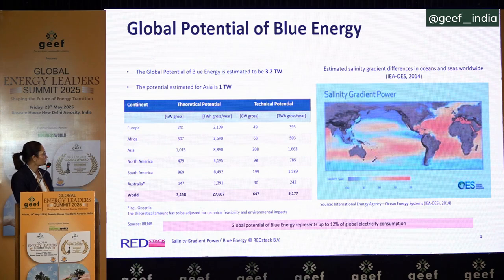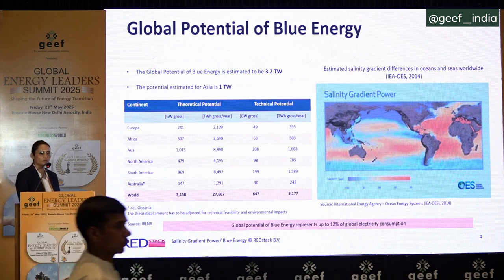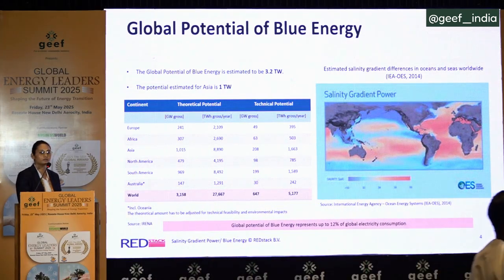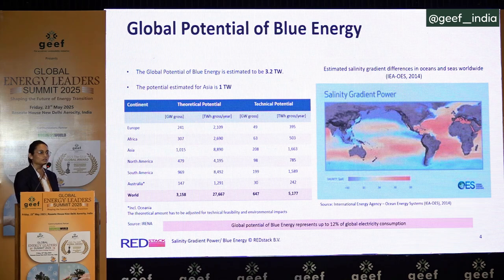Why is that? These areas are closer to the equator, so there are warmer temperatures, and higher temperature results in better efficiency of these projects, and also high salinity content in the oceans around this area.